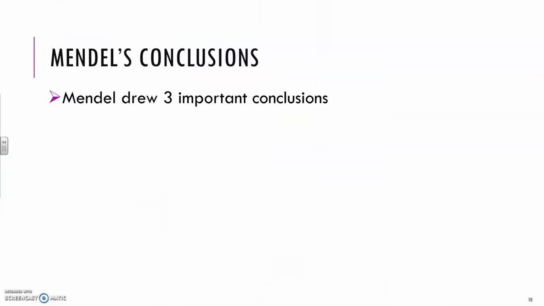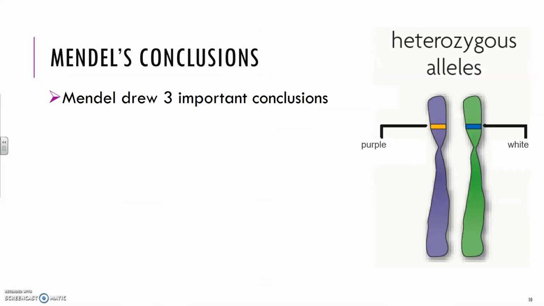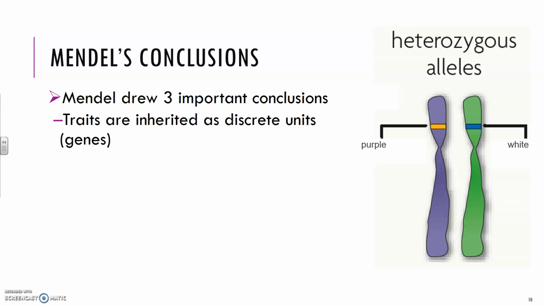So Mendel drew 3 important conclusions from that. The first is that traits are inherited as those discrete units that we talked about earlier. In this case, we'll go ahead and call them genes. This is a little bit of a technical thing, but genes are the specific trait, and alleles are the different variations that that trait can take.